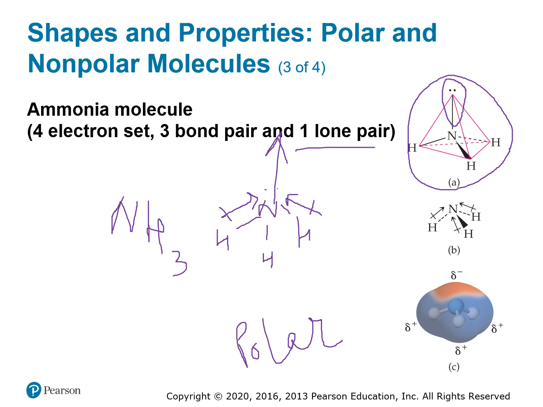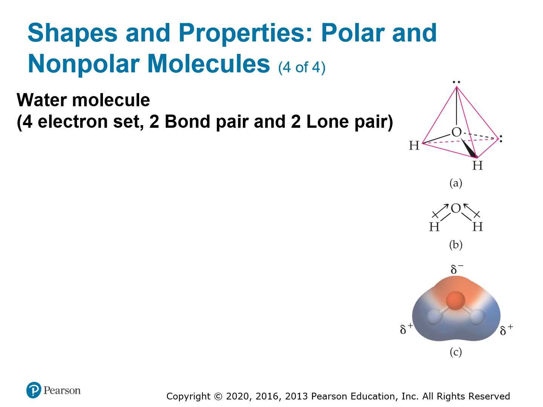In the methane molecule, all carbon-hydrogen polar bonds canceled each other, but in ammonia they do not cancel, and that's what makes this molecule polar. And here's the molecular, or 3-dimensional, view for you, with an electron density map as well.